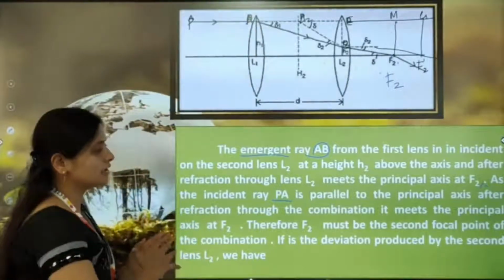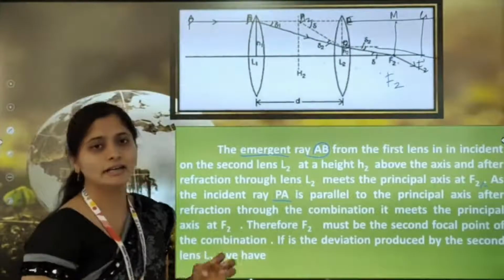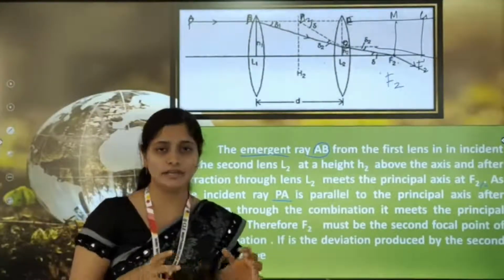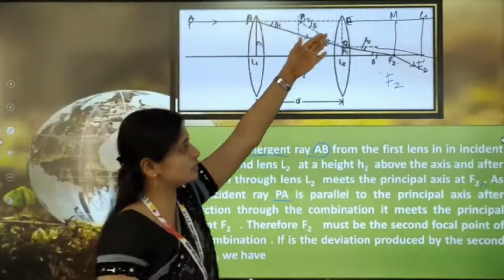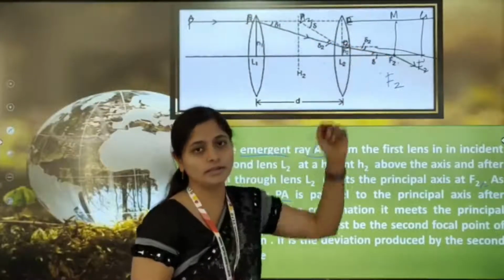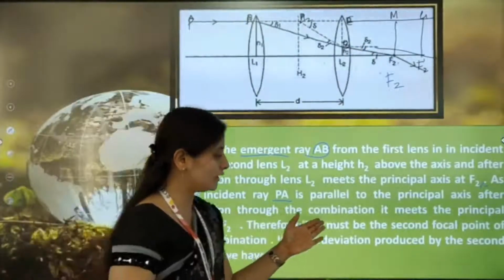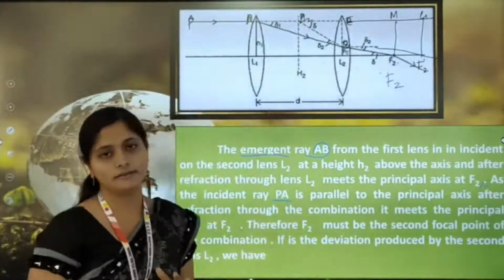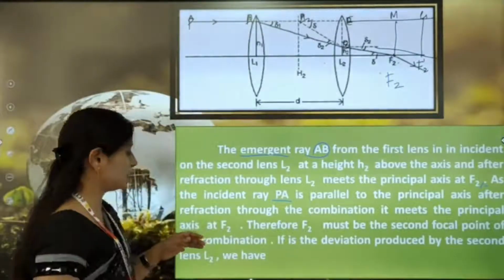So the combination takes place, and therefore the ray meets the point F2. Therefore F2 must be the second focal point of the combination.